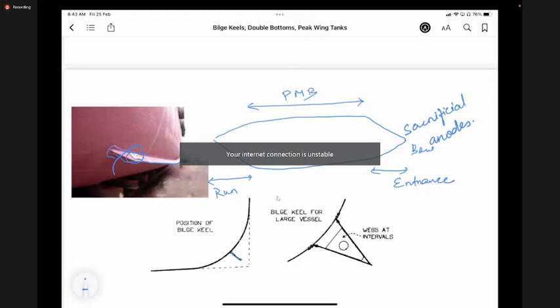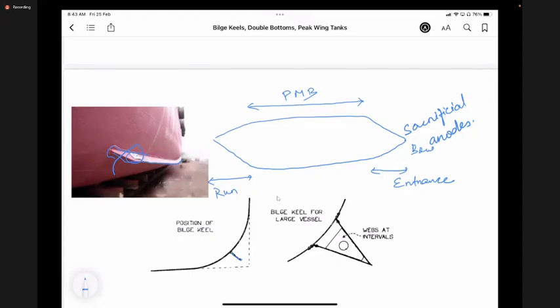Okay, so fitment of this bilge keel in the parallel middle body is easier, and if we take this bilge keel towards the forward portion of the ship, it can cause some additional stresses because when the ship is pounding, the forces will be acting from down below this bilge keel, which we do not want.